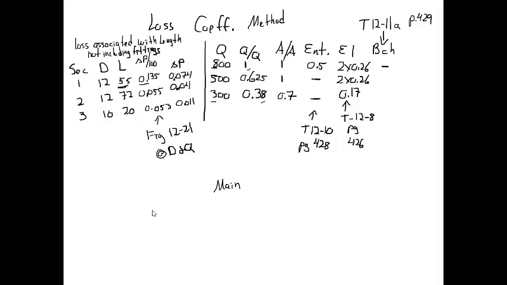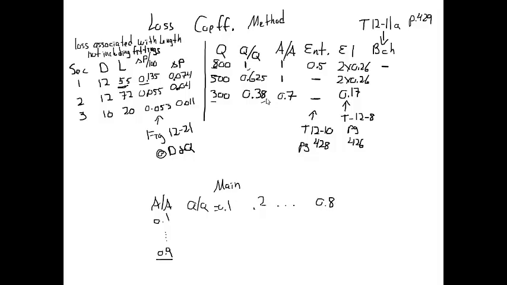The first column is A over A. You have different values starting at 0.1 going down to 0.9. Here you're going to probably use the 0.9 row, since this is the closest to 1 we have. Then there are several Q over Qs, basically the flow rate of the section you're analyzing divided by the flow rate it's flowing from, starting with 0.1, then 0.2, all the way down to 0.8.